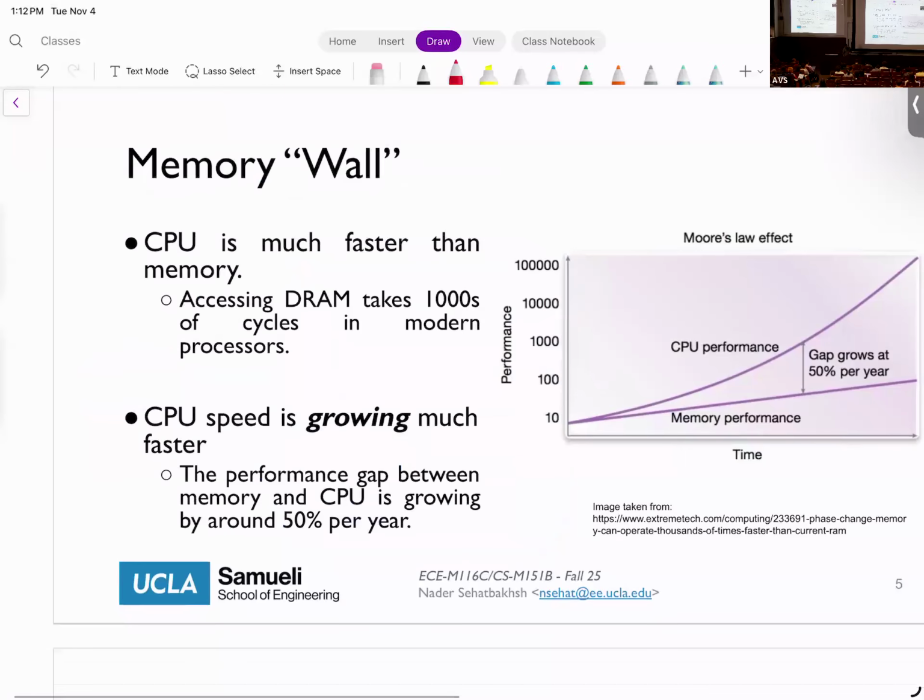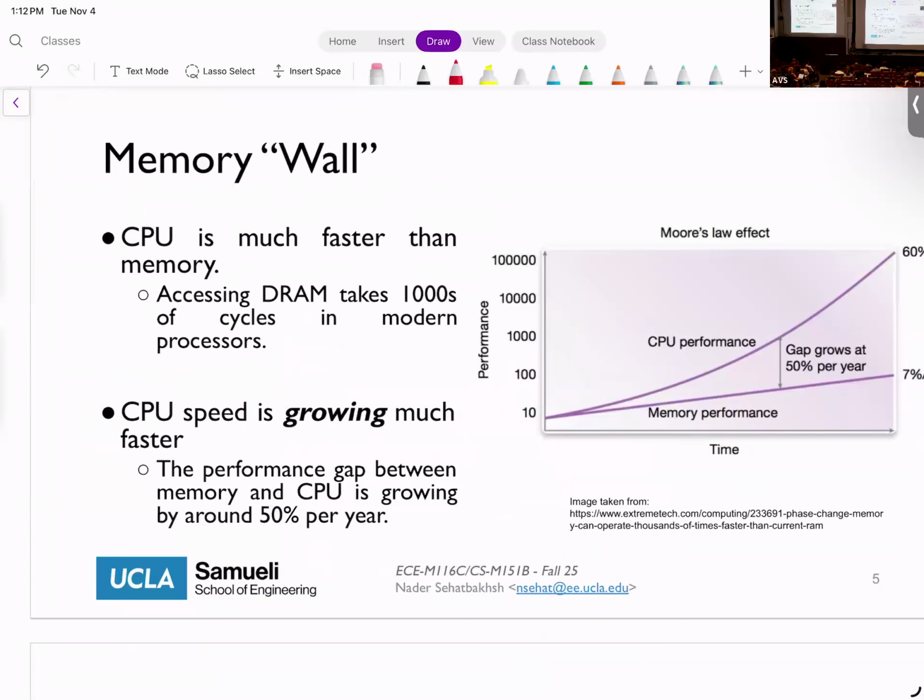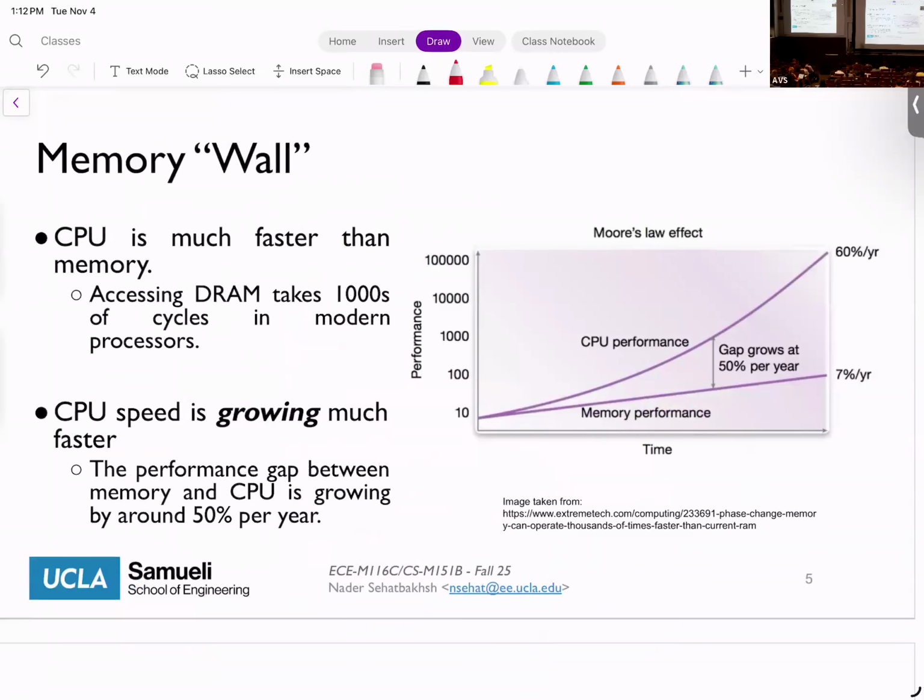The reality, of course, is that's not true. And in fact, CPU is significantly faster than memory. This actually leads into a big problem in design of CPU, which is called the memory wall. Remember, I told you that we managed to build better transistors and make the transistors faster. As a result, CPU gets faster.